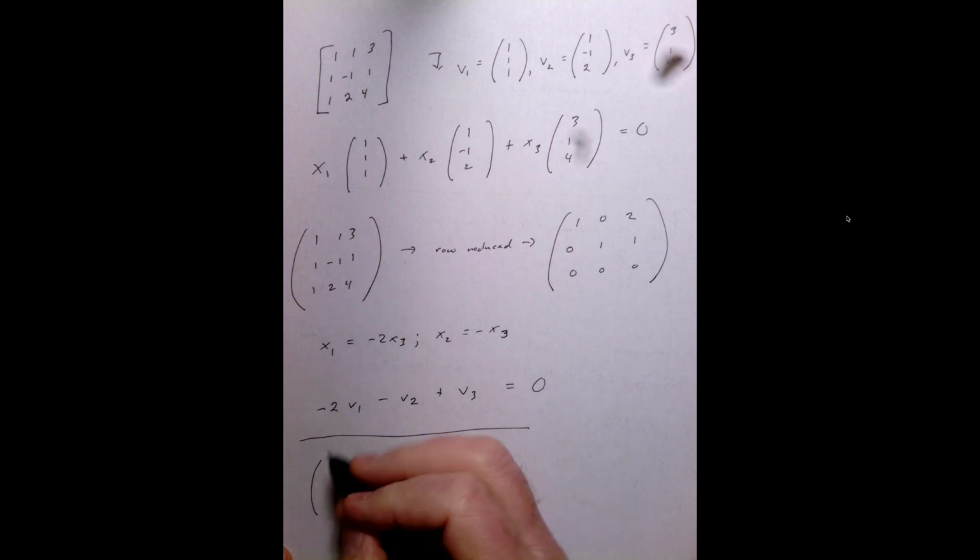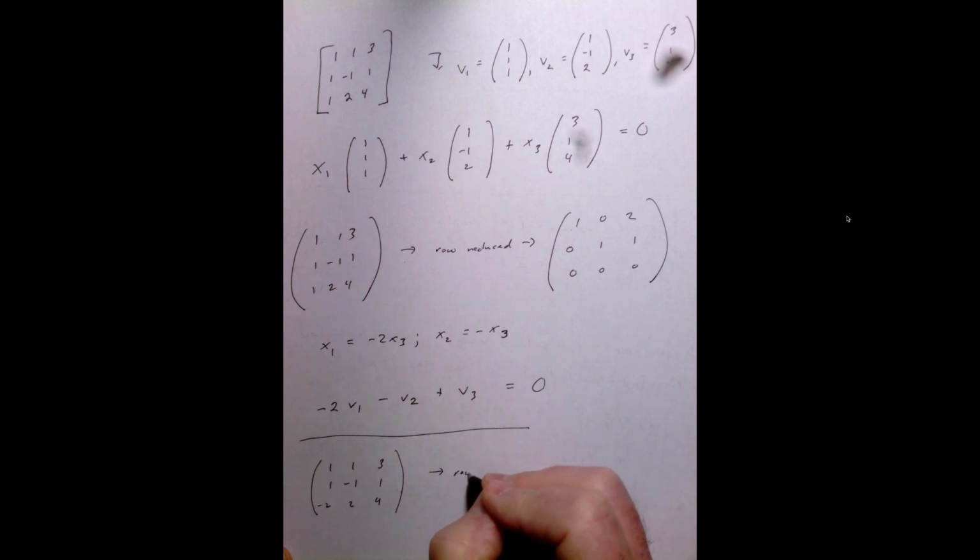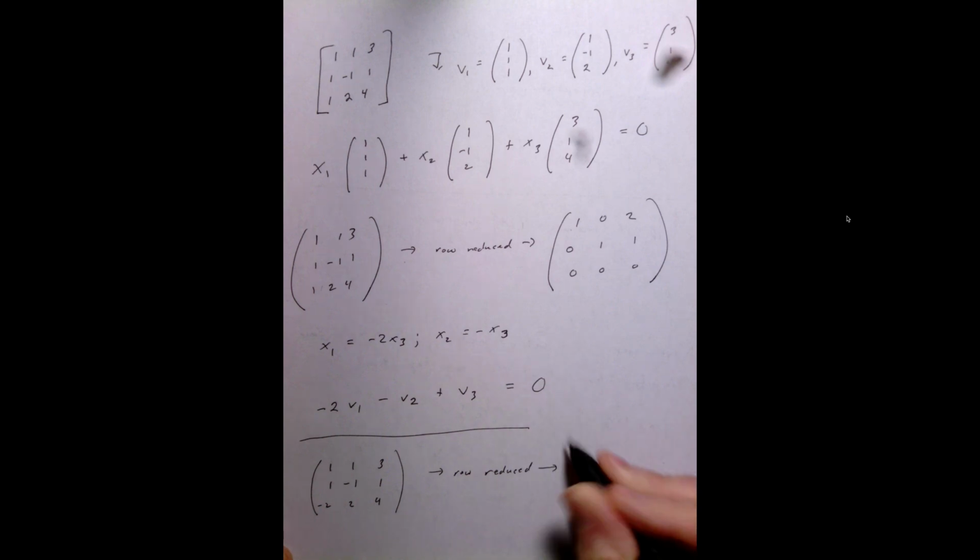Now, we can change this up a little bit and look at a matrix 1, 1, 3, 1, negative 1, 1, and negative 2, 2, 4, and repeat from above. And what we get here is the identity matrix.